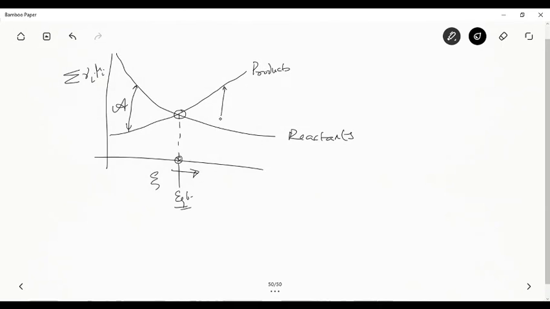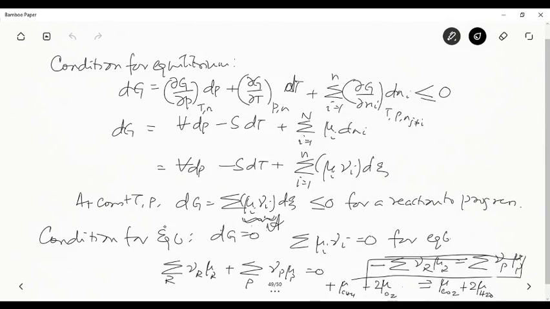Here the products is higher, the reactants is lower, so A is greater than 0, oh sorry, I had to actually write it as a minus A in that step. So the definition is, I write this as minus A. So A is actually defined as the negative of this, which is basically reactant minus product. So this is minus A.